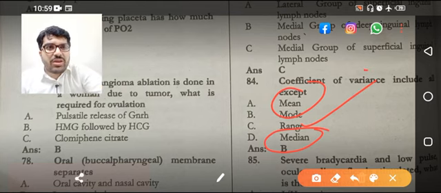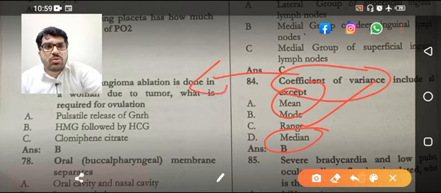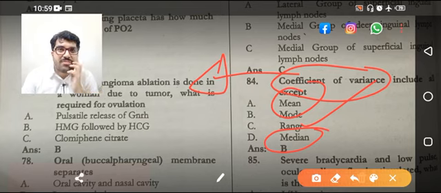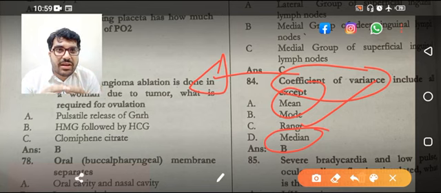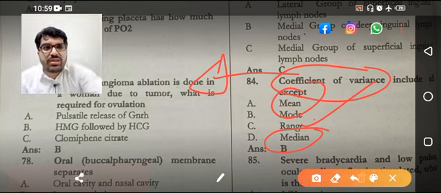So the coefficient of variance here means not the central tendency, but the dispersion, and over here the only dispersion is range.